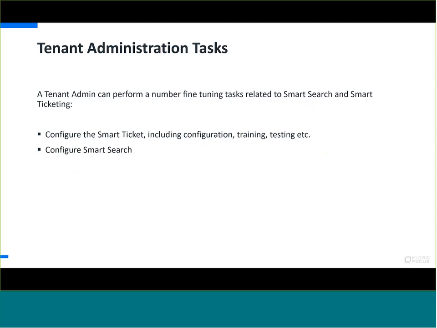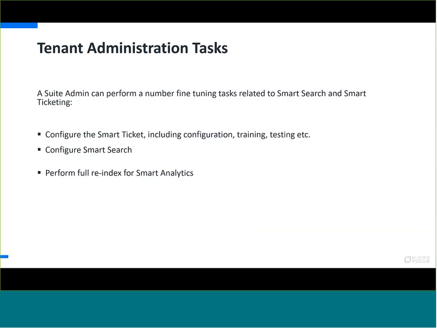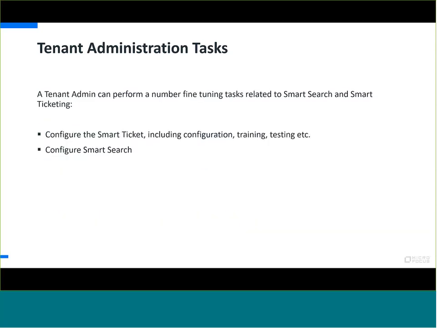First, from a tenant administration perspective, each tenant by tenant, there are some features that allow you to configure smart ticketing, like what we looked at before for defining your training and testing samples and the configurations. And there's also configuration for smart search. I think I have a screen of that here in a moment to configure some best ways to fine-tune areas of search. I'll show those here in the screen.